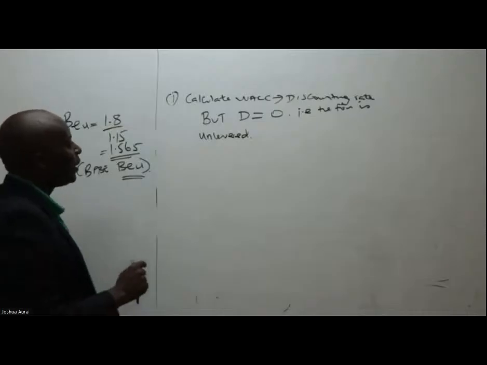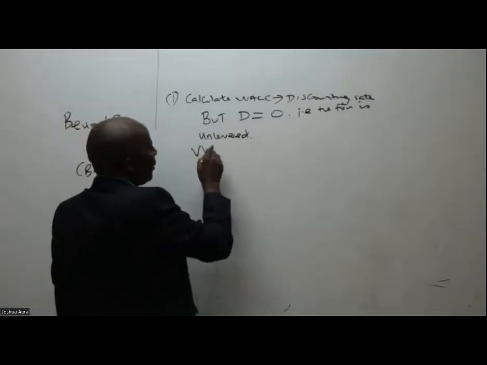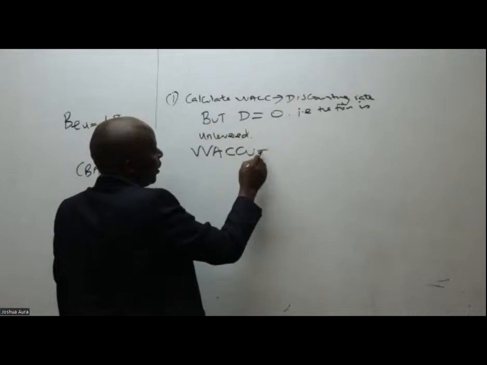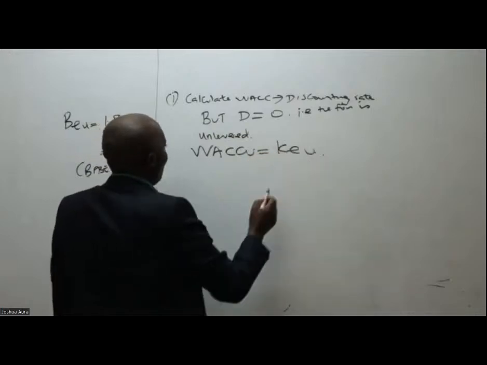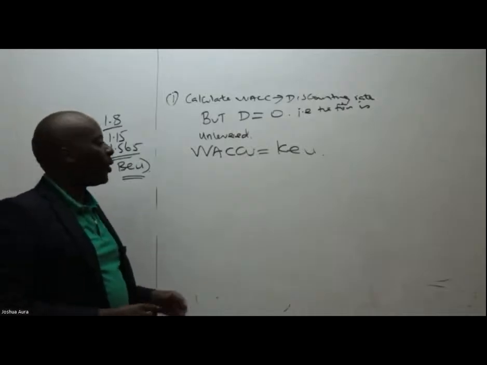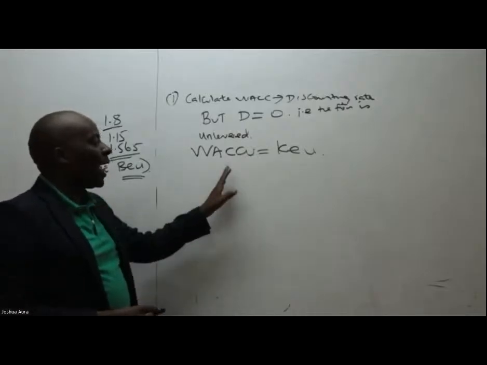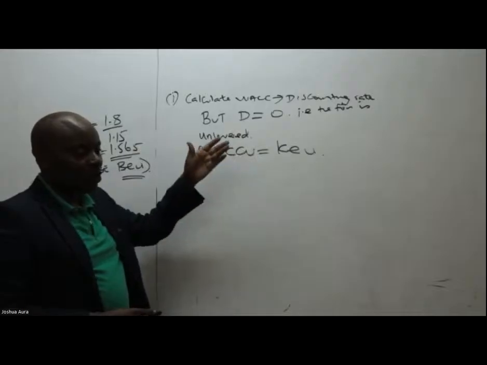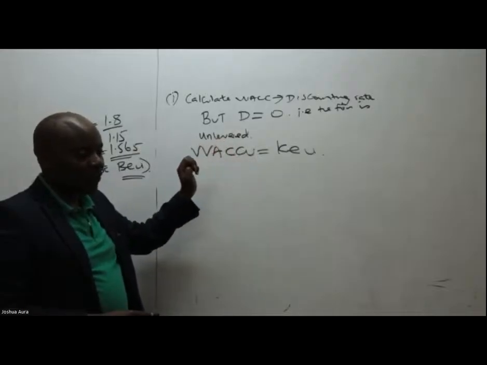So if it's unlevered, remember in this case, ladies and gentlemen, what we used to call WACC U equals Ke U. Very, very important. If it's unlevered, then the weighted average cost of capital of an unlevered firm will always be equal to cost of equity of an unlevered firm.